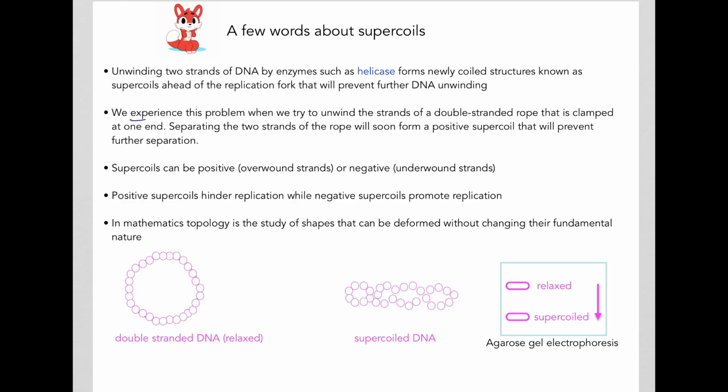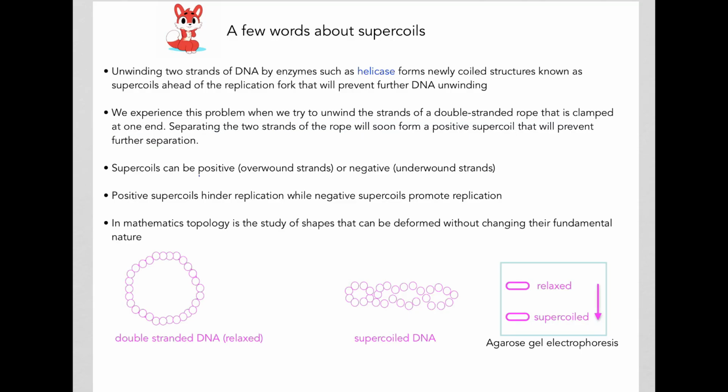We experience supercoiling when we try to unwind the strands of a double-stranded rope that is clamped at one end. In this example, if we try to separate the two strands of the rope, we will see the formation of supercoils, and that will prevent further separation of the strands.